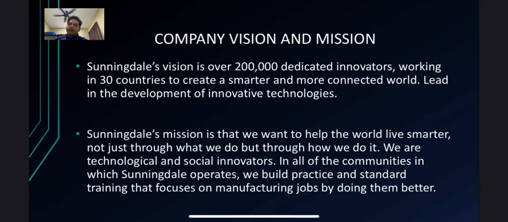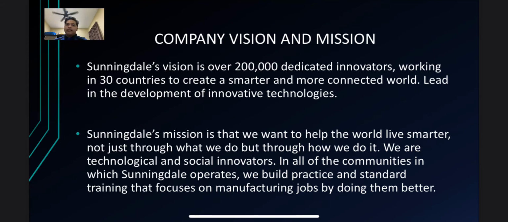So the next one is company vision. Sunningdale's vision is over 200 dedicated innovators working in 30 countries to create a smarter and more connected world, leading in the development of innovative technologies.